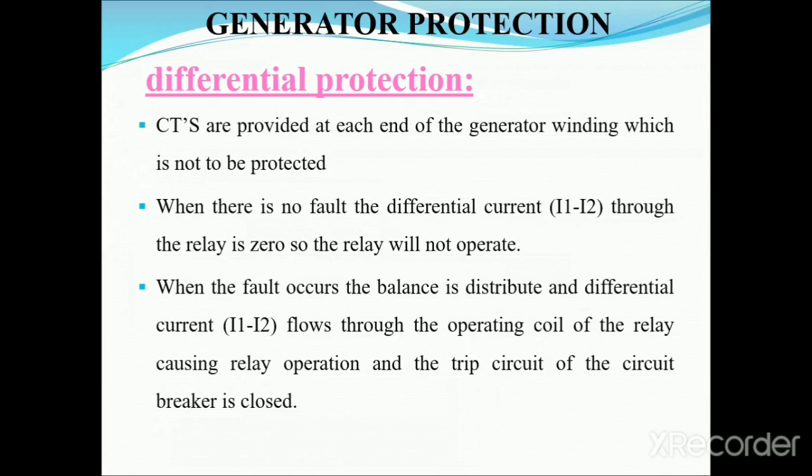Then the circuit breaker automatically disconnects the faulty portion or disconnects the generator from the supply system. Then the generator will be protected and within a very safe zone. That is the main function of the differential protection used in the case of generators.